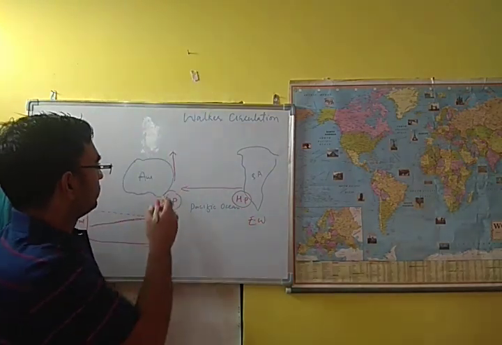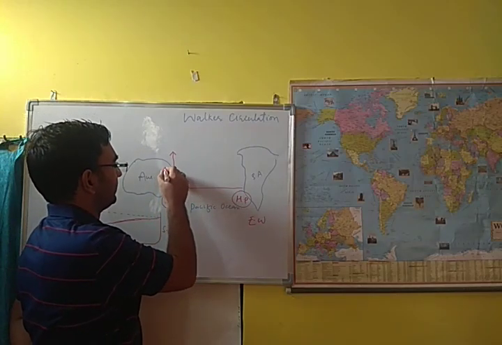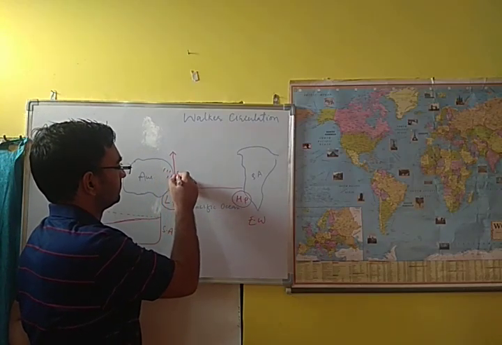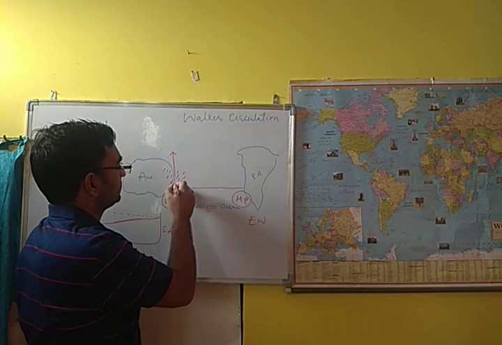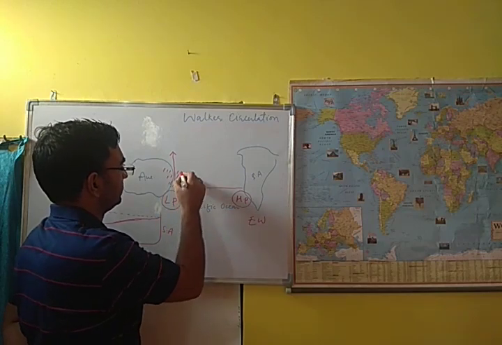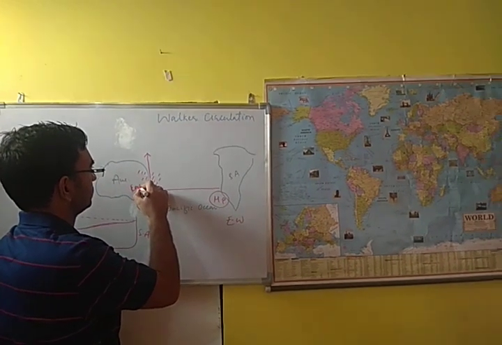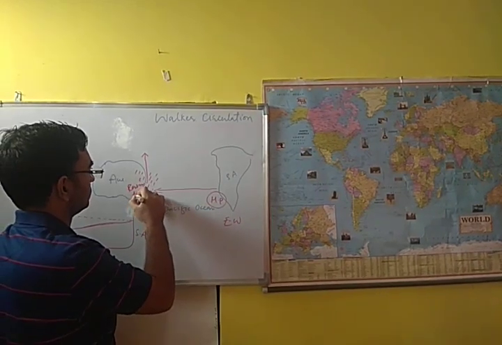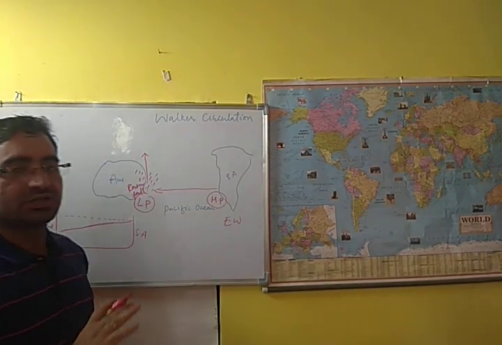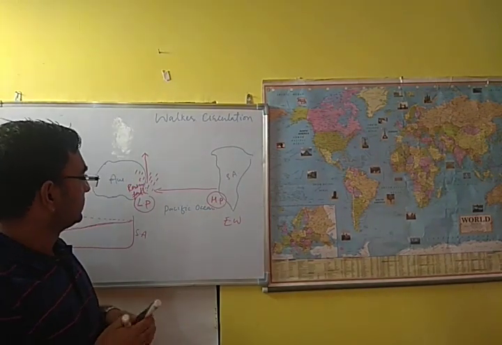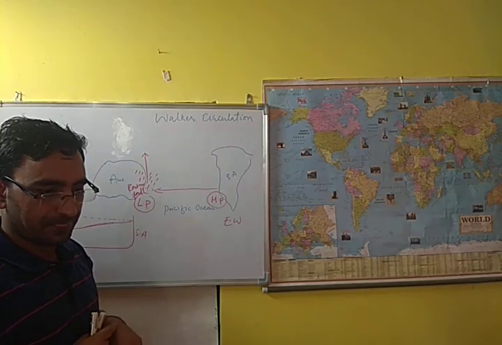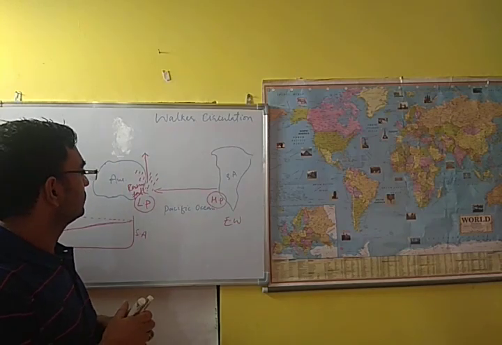And what will happen? We will get precipitation in this area. We will get tremendous rainfall in this area. Huge cloud formation will take place in the western part of the Pacific Ocean.